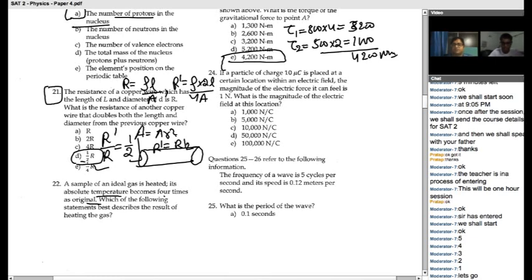Okay, 24. If a particle of charge 10 microcoulomb is placed at a certain location in the electric field, it feels a force of 1 Newton. Use the formula: what is force equal to in terms of charge and the electric field? Force equals Q into E. Now, what is the answer?